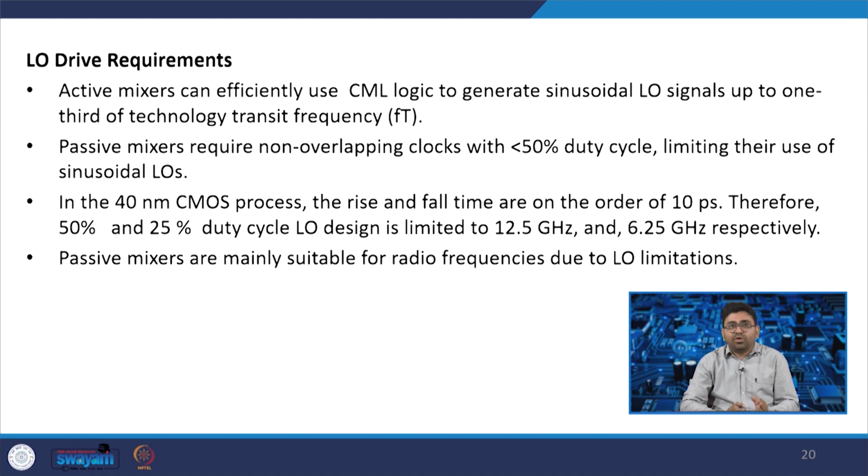Therefore, if we want to design a 50% or 25% duty cycle LO, the design is limited to 12.5 gigahertz and 6.25 gigahertz respectively. So even at 40 nanometer, the maximum LO frequency can reach up to 12.5 gigahertz, and this limits the passive mixer from being used at very high frequencies.